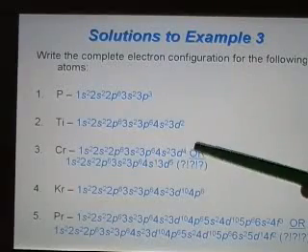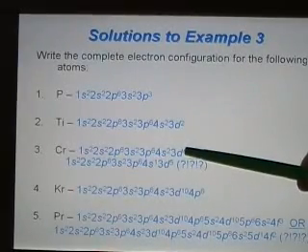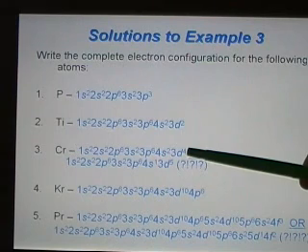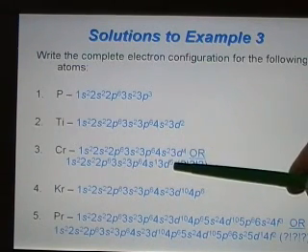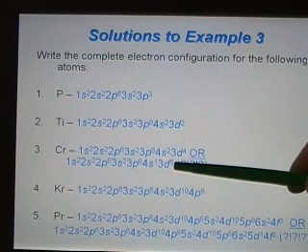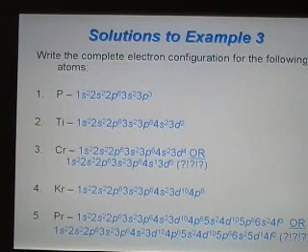In the first possibility, you've got 4s2, 3d4, or the second possibility is 4s1, 3d5. So my question to you was, which is correct? We're going to discuss which one is correct in 1 minute.